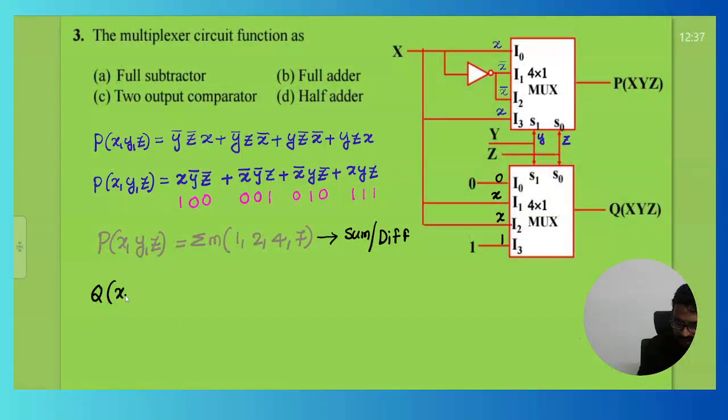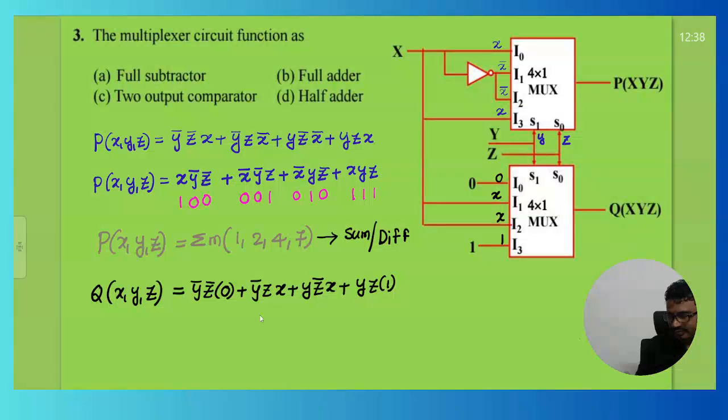You tell me that it is (X, Y, Z), which is equal to what? Tell me. This is Y bar Z bar into 0 plus Y bar Z into X plus Y Z bar into X plus Y Z into 1.